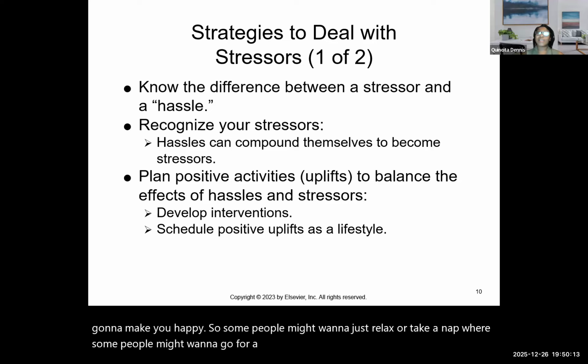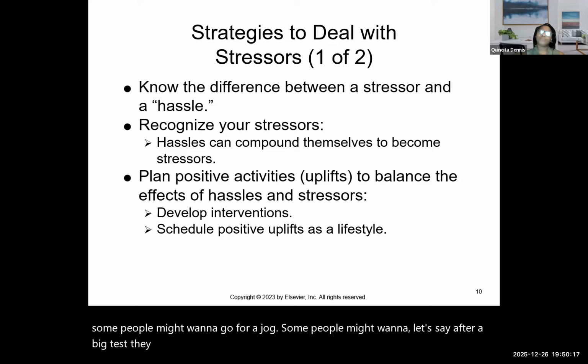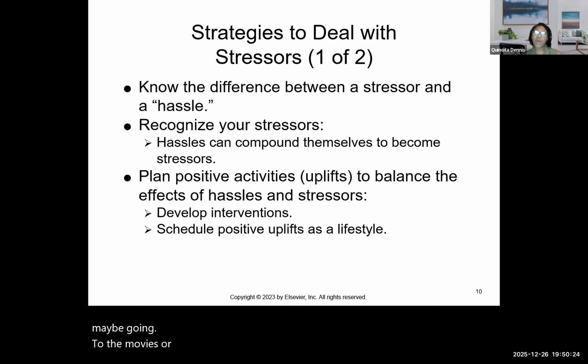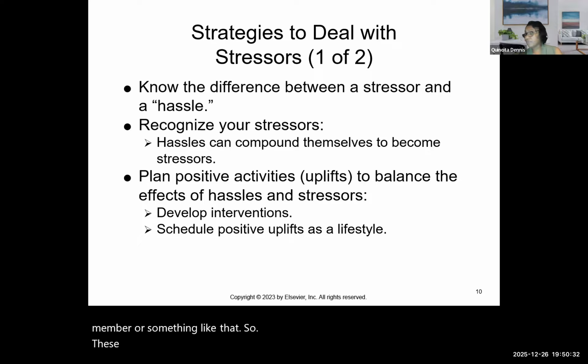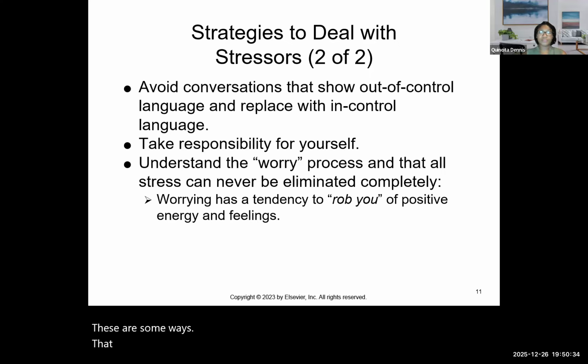Let's say after a big test, they did well, or maybe they didn't do well, they're going to plan an uplift, like maybe going to the movies or taking an hour out of that week to hang out with a family member. So these are some ways that you can deal with stress.